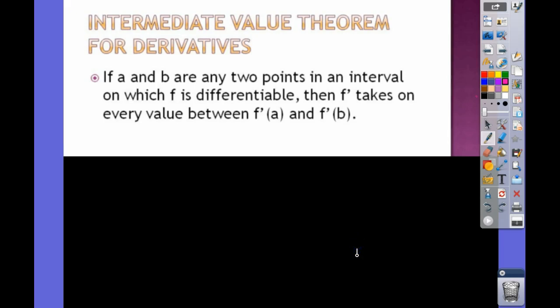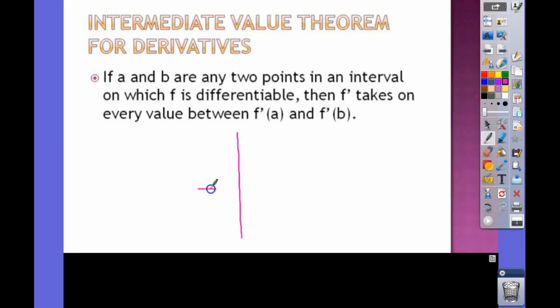So again, it says if A and B are any two points in the interval on which the function is differentiable, then f prime takes on every value between f prime of A and f prime of B. So again, what that means is your derivative lives between f prime of A and here's B, I'll put f prime of B in the negative just for the heck of it.